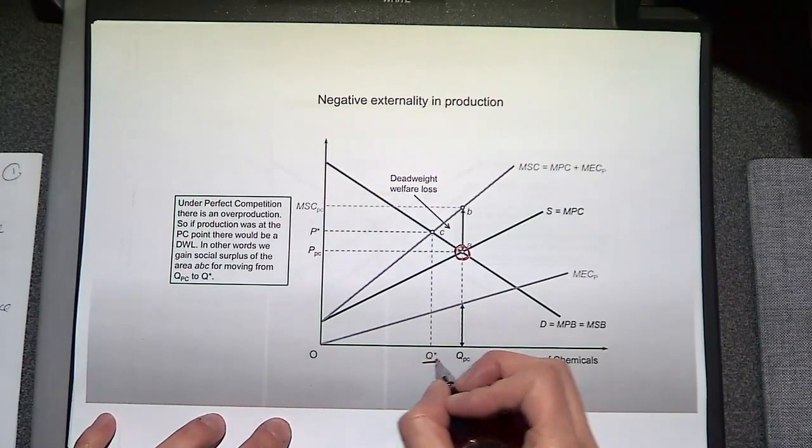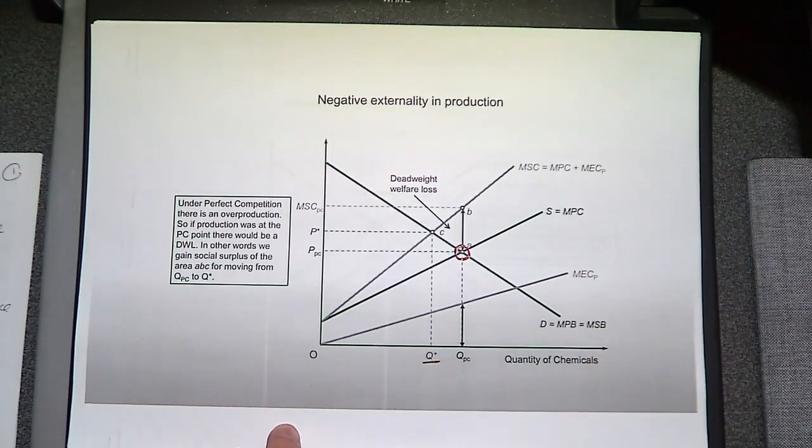So what do we have to do? There is a marginal external cost. The marginal external cost is going to be increasing. For every unit produced, it's going to be higher and higher, for the negative externalities in production. So where is this internalized?